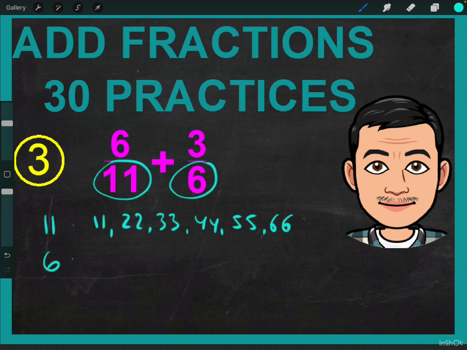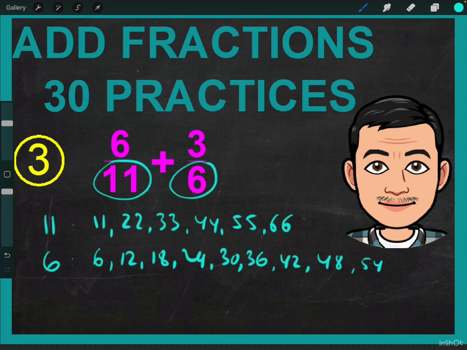For number 6, we have 6, 12, 18, 24, 30, 36, 42, 48, 54, 60, 66. So we have 66 is the LCM of 11 and 6.